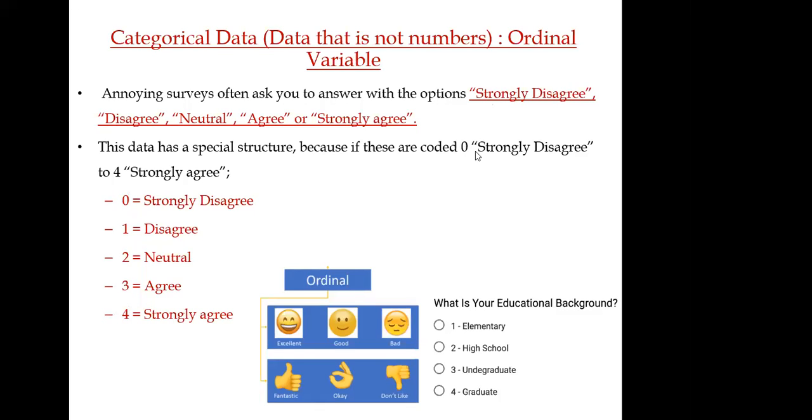The answers range from elementary to graduate level, and we can see a clear hierarchy. If we code 1 as elementary, then definitely 2 is for high school, 3 for undergraduates, and 4 for graduates. So if the answers have a hierarchy, they are called ordinal data.